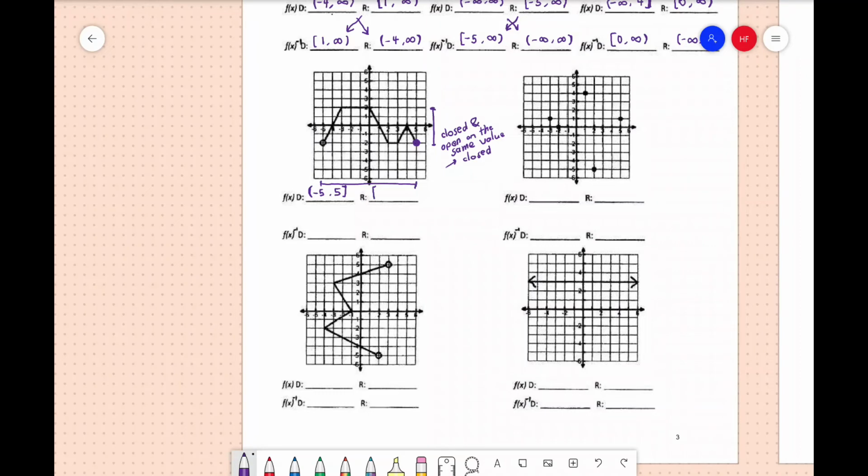So it's going to be a bracket. So a bracket on -2, and it goes up to +2. So then we'll switch them. We got -2 to 2, closed, and then -5 to 5, 1 parenthesis, 1 bracket.